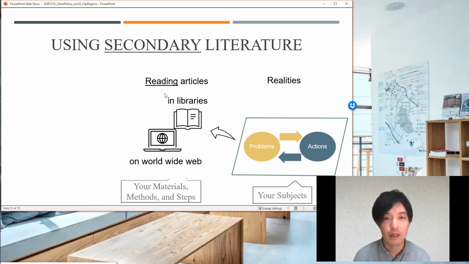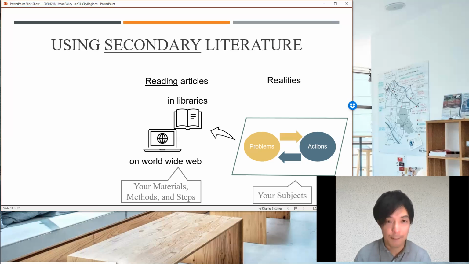So you should write this: I used these articles in my research, I didn't use these articles in my research, and so on. So then what is your method? Your method should be how you searched, collected, read, and interpreted such articles.